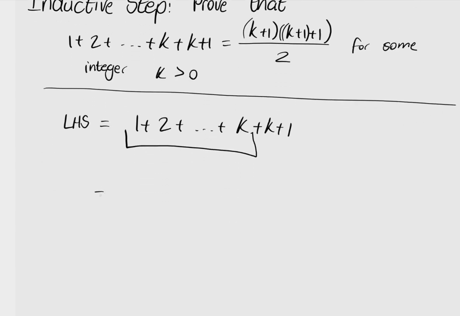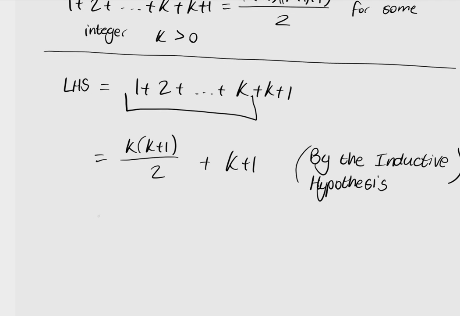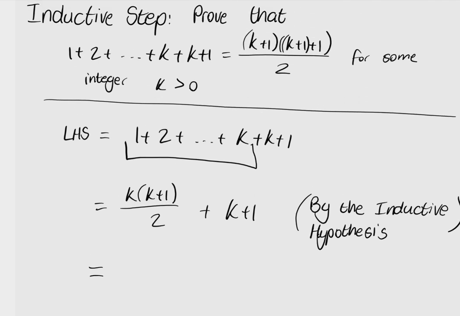So what we can say is this is equal to k times (k plus 1) all over 2, plus (k plus 1). And we give the reason: by the inductive hypothesis. Okay, and now we have to continue proving. The whole point of this is we're trying to get this equal to that there.